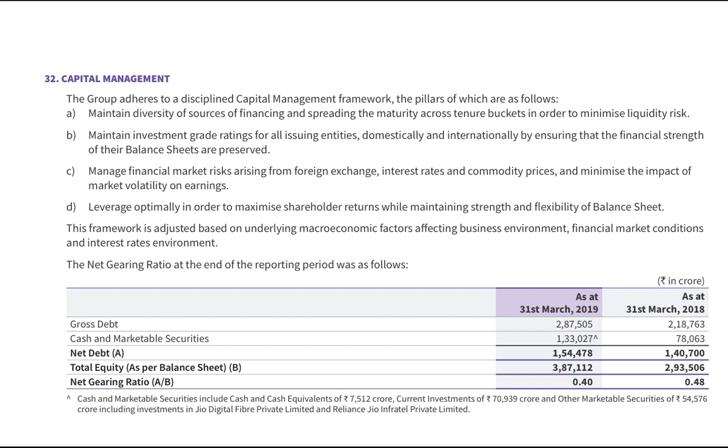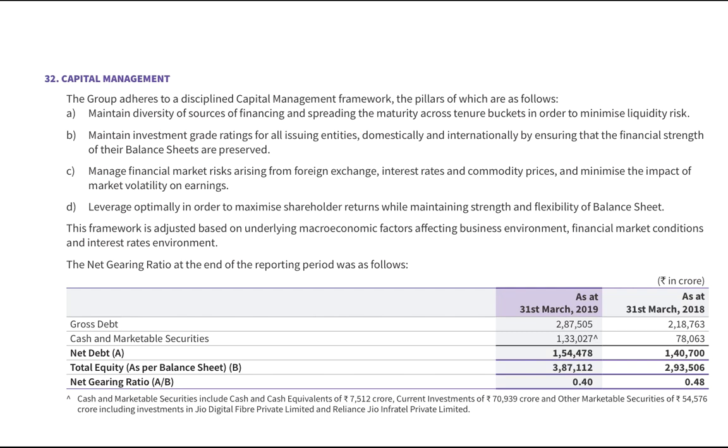So your net debt is always net of the money available to you. Your net debt has gone from 1,40,000 crore to 1,54,000 crore, only higher by 14,000 crore, versus total equity which is higher by almost 94,000 crore, from 2,93,000 to 3,87,000 crore. It's a very good growth in equity because of the higher profits that the company has posted.